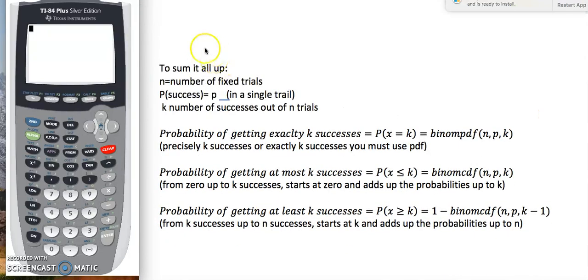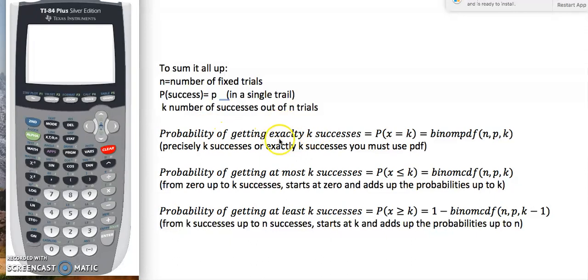So to sum it all up, there's a couple of things you need to calculate these probabilities. First, you need your fixed number of trials, your n. Then you need your p, your probability of success. And remember, that's always in a single trial. And k is some number of successes out of n trials. And there are really 3 different cases that you're going to be seeing here. The probability of getting exactly k successes.